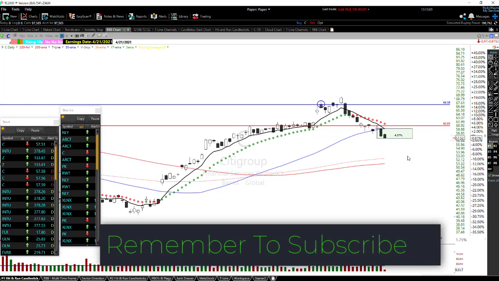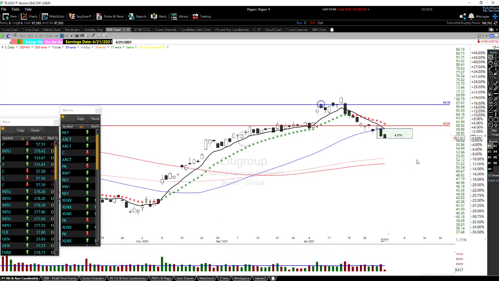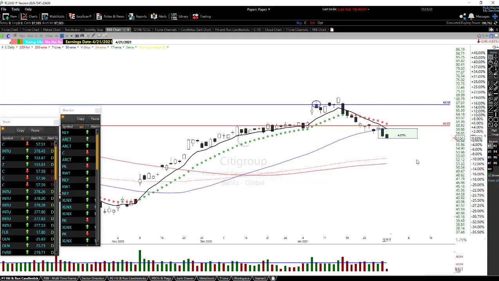One person even said it's un-American to short. No, I totally disagree with you there. Shorting is a fabulous tool to have in your toolbox, but you want to make sure you do it at the right time. And sometimes it takes a little time to get comfortable with doing that.